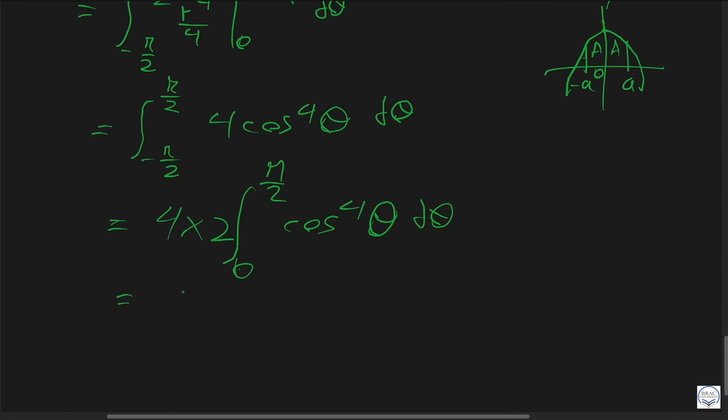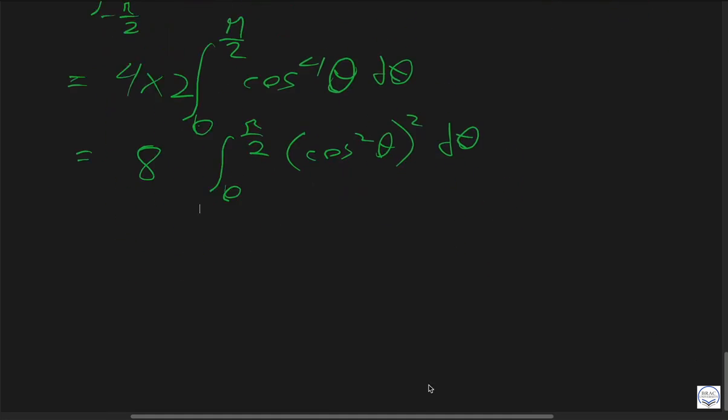So now this becomes 8, and we can use that cos squared theta equals 1 plus cos 2 theta divided by 2.